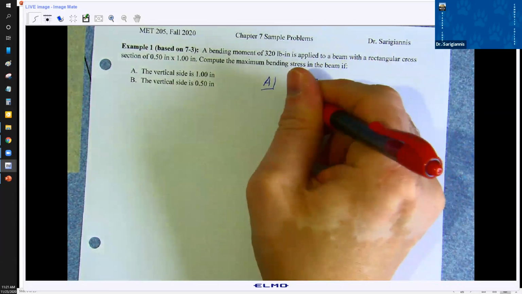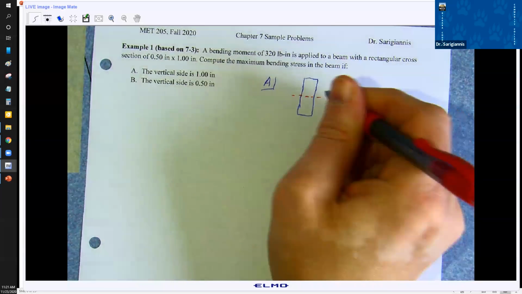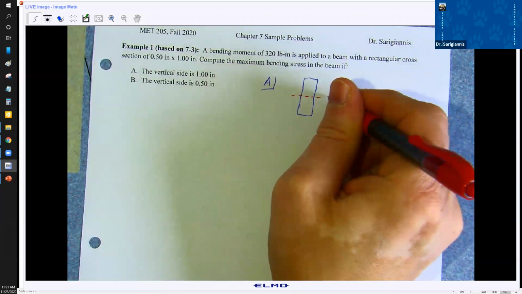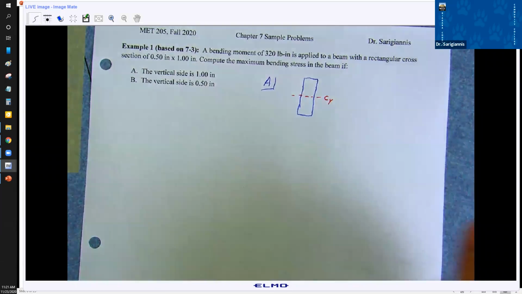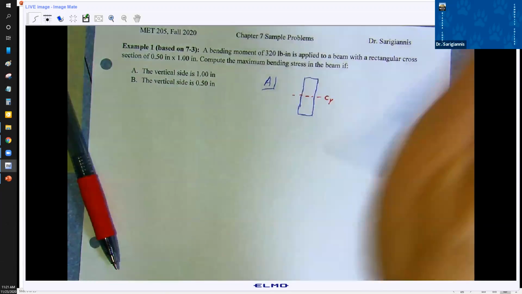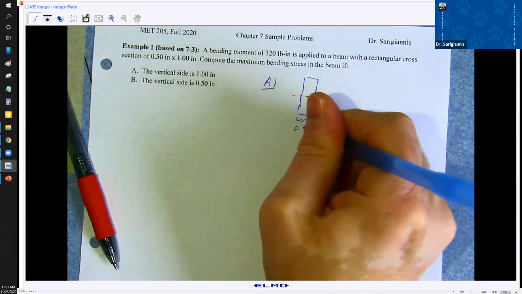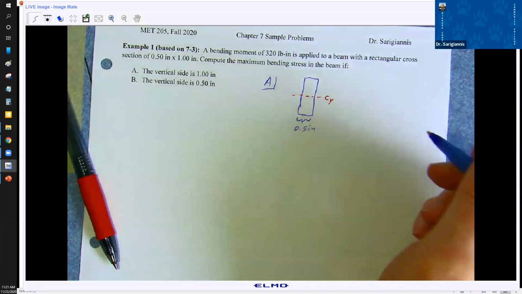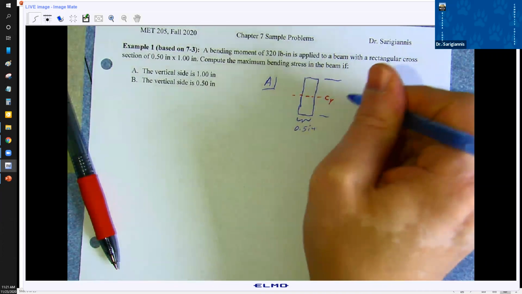So remember, our axis through the centroid is here in the middle. And here we've got 0.5 inches. This whole height is 1 inch.